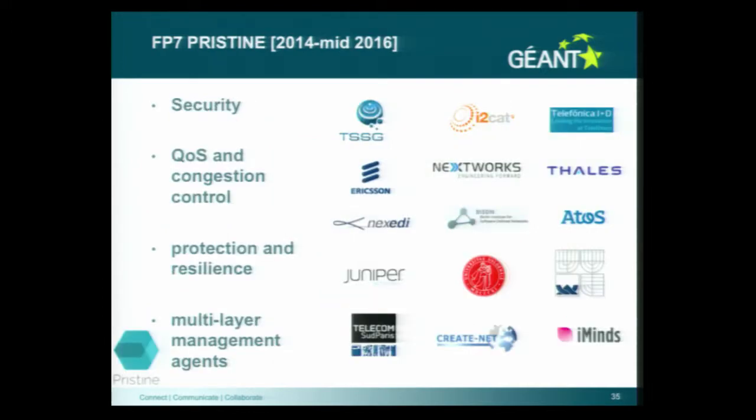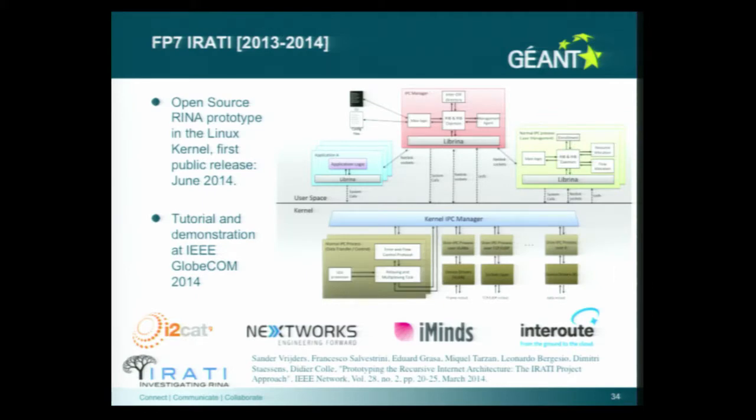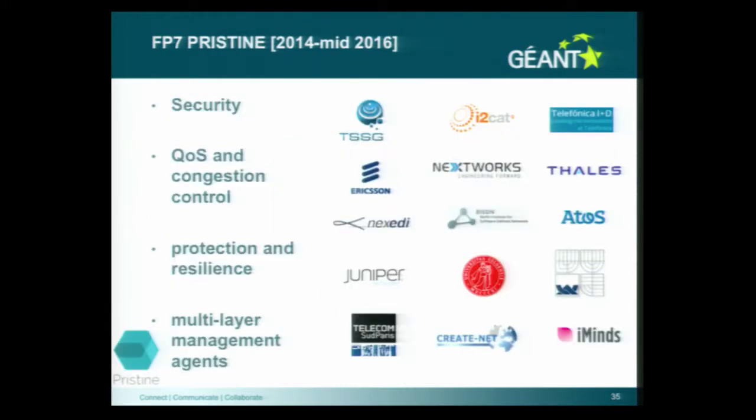PRISTINE, my apologies. The partners in the IRATI project are i2CAT, which is the coordinator, Nextworks, us, iMinds, and Interroute as core partners. There is a follow-up project called FP7 PRISTINE that started in January this year. IRATI is really building the very basics of the car, just the steering wheel, the wheels, the brakes.